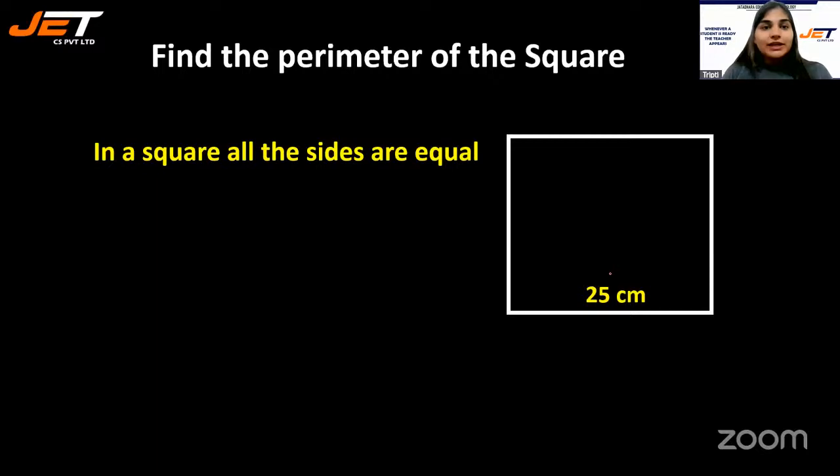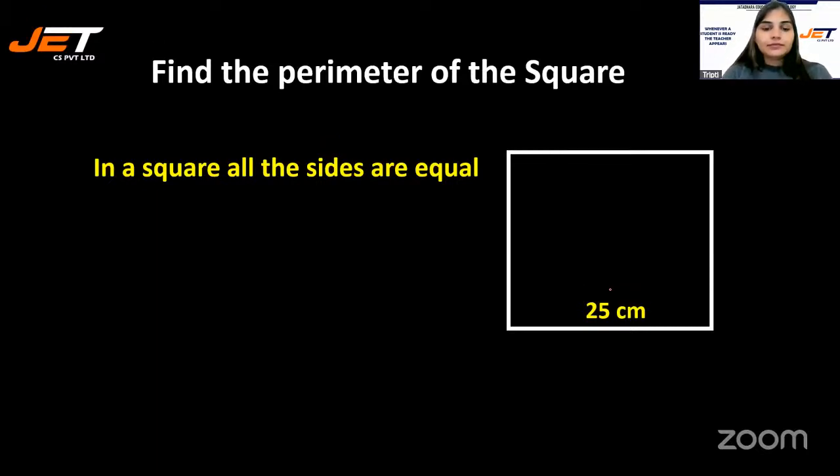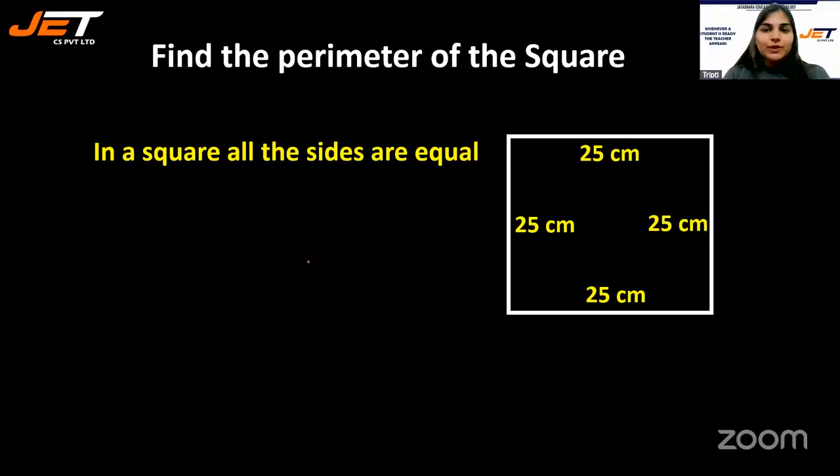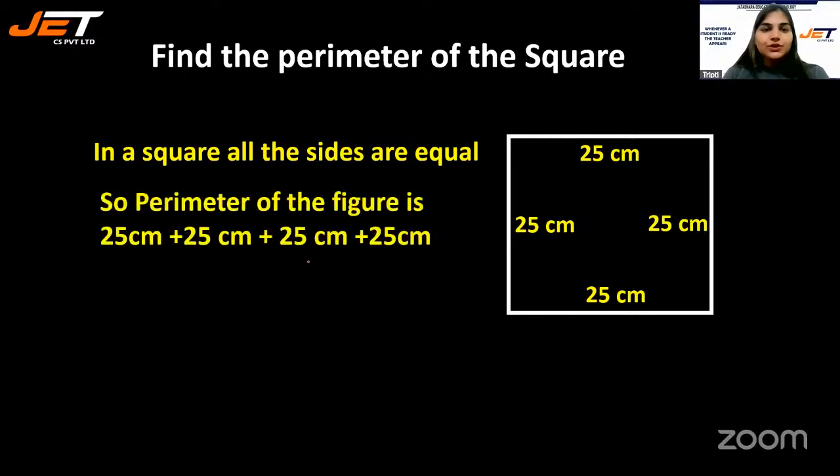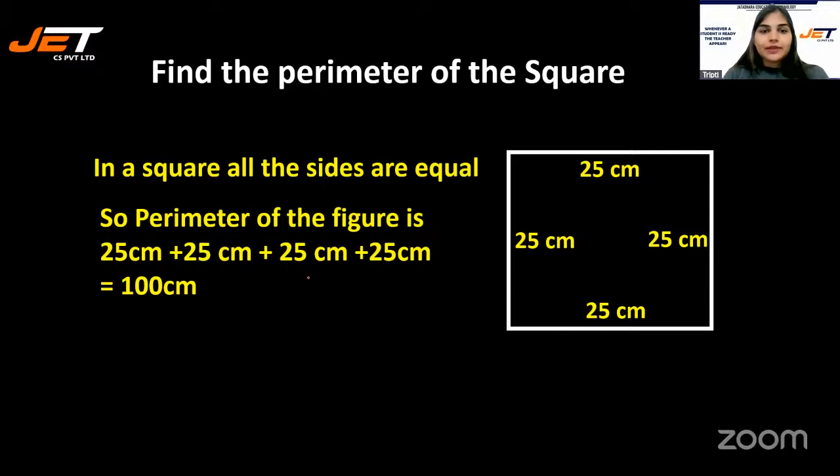So what will be the perimeter of this square? Here 25 plus 25 plus 25 plus 25 is equal to 100 centimeters.